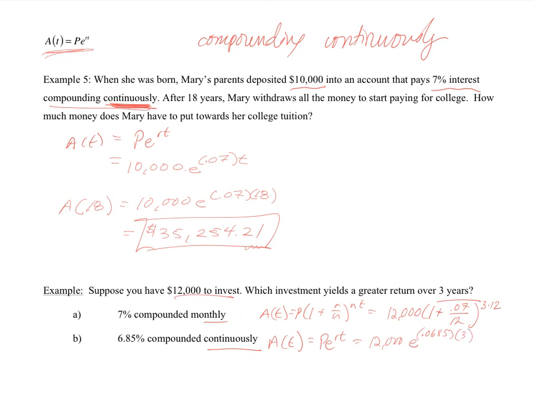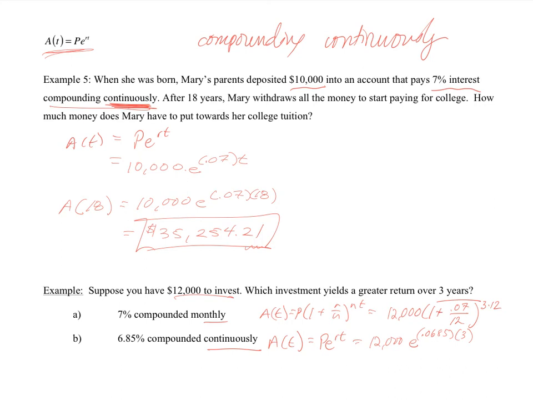So you're given two options and you're trying to determine which investment yields a greater return over the 3 years. You tell me, which one, where would you invest your money? Actually figure it out. Pause the video and determine which one you would use.